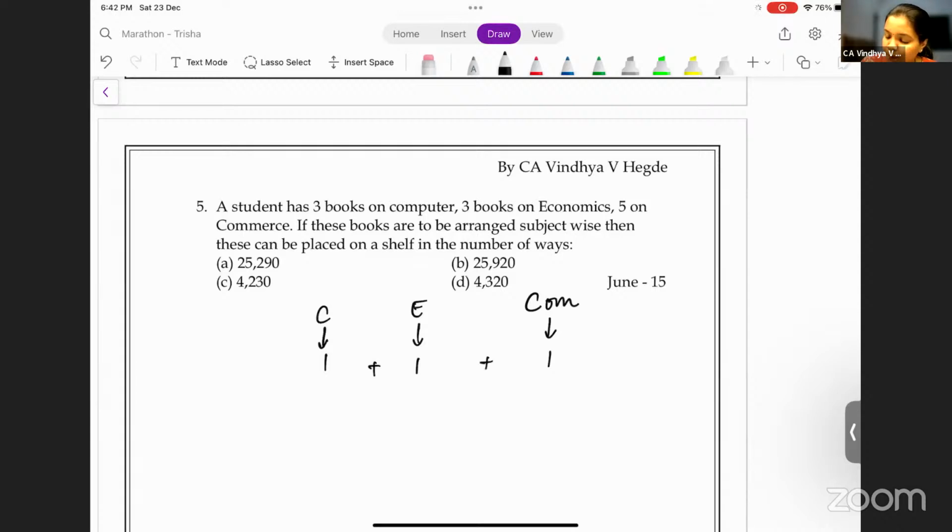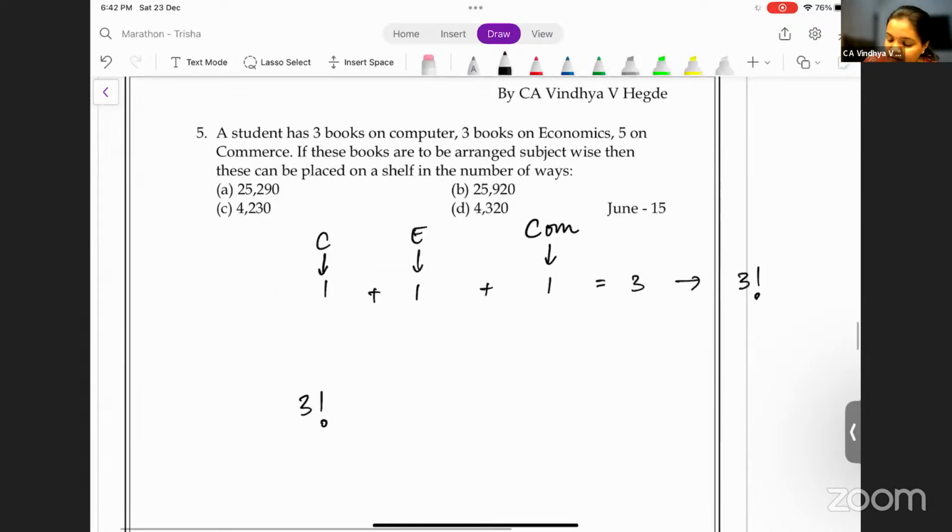So 1 plus 1 plus 1, total 3, which can be arranged in 3 factorial ways. But these books within themselves can be arranged in n factorial ways. That means 3 computer books can be arranged in 3 factorial ways. 3 economics books can be arranged in 3 factorial ways. And 5 commerce books can be arranged in 5 factorial ways.